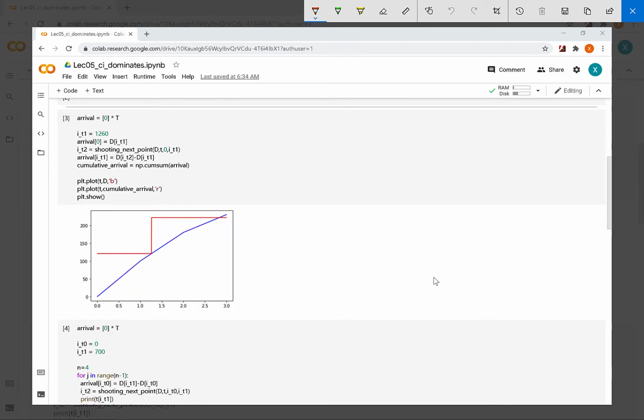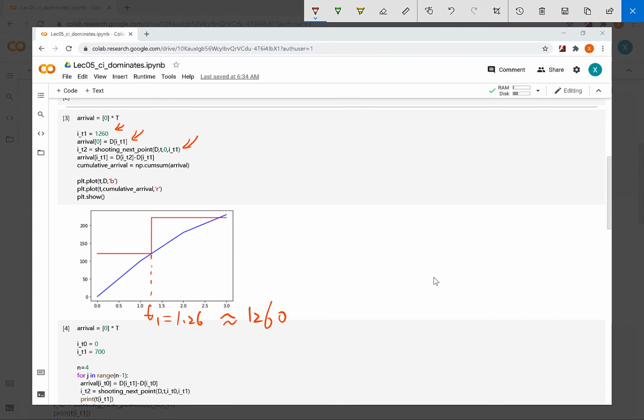So here, let's see an example of how we use our algorithm to generate from an initial t1 value. Here, we assume the t1 value is 1.26, so it's around index 1260. We put this value as our initial try, and then definitely the first shipment will cover the total demand until t1. And then we use our function to generate the next shipment time, which is t2.